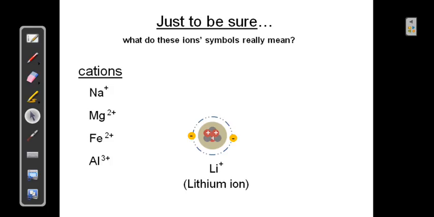So instead of having 3 protons and 3 electrons, now lithium has 3 protons and 2 electrons. That is the reason we say lithium has 1 plus. The 1 plus here means 1 extra proton. This happened because lithium gives away its valence electron, and the moment it does, lithium becomes an ion having a 1 plus charge.